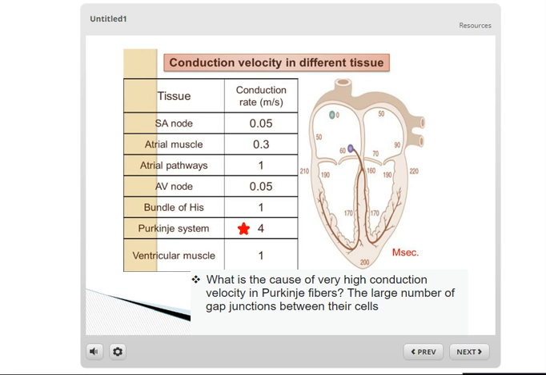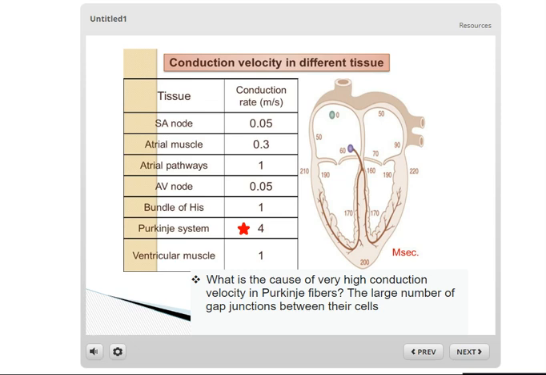And in the atrioventricular node, or AV node, the velocity is around 0.05 meter per second, and it delays the conduction of impulses from the atria to the ventricle, allowing time for the ventricle to fill with blood.